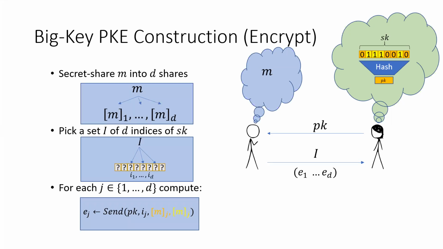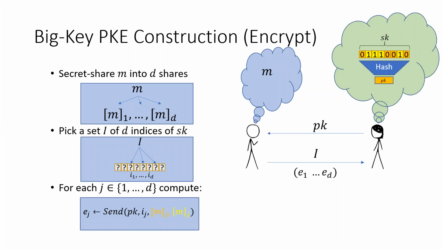And you should think of the semantics of this as saying, if the ith bit of the database is a 0, you're going to recover the jth share. And if the ith bit is a 1, you'll also recover the jth share. So he's putting the jth share in both positions. But in one case, you'll recover the orange version of the jth share. In the other case, you'll recover the yellow version. So it doesn't matter what bit Alice has, she'll recover the jth share.